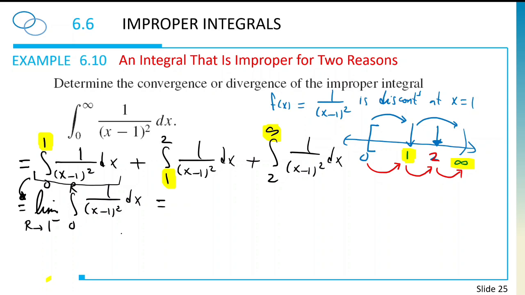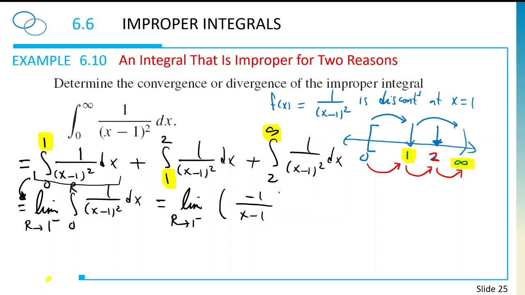So if I need to check the integration here, this is equal to the limit as r approaches 1 from the left of negative 1 over x minus 1.